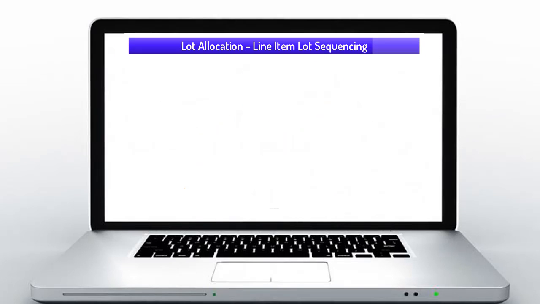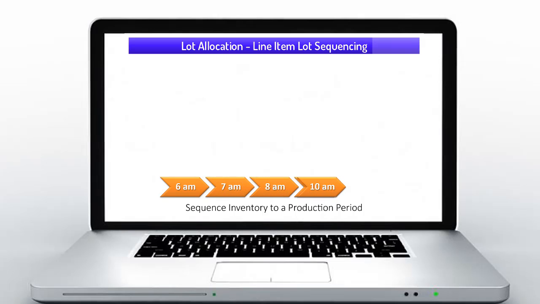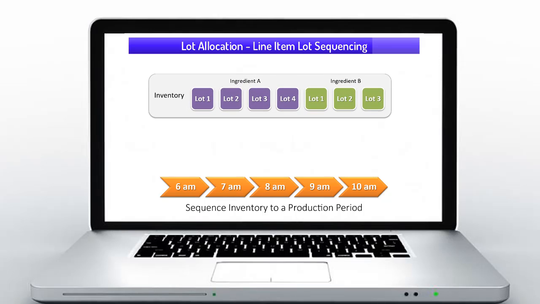The lot allocation model typically sequences lots into batches in the forthcoming planning period, normally a shift or a day. Lot allocation enables sequencing individual lots into batches of product in a manner that first ensures that once an individual item begins to be used, it is used until it is completely consumed before switching to another lot of the same ingredient.